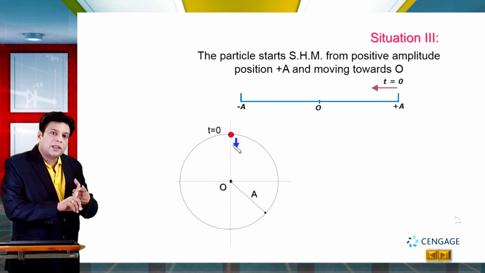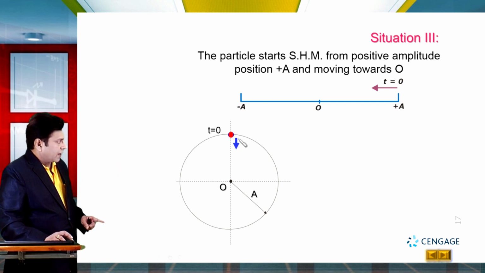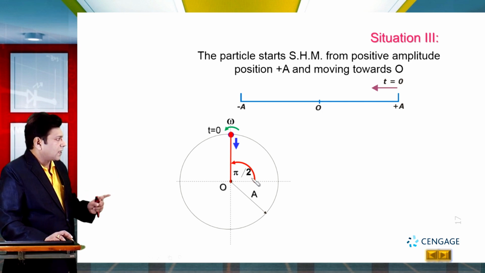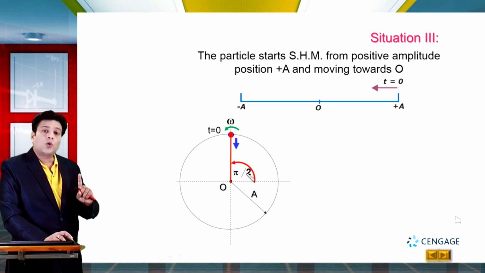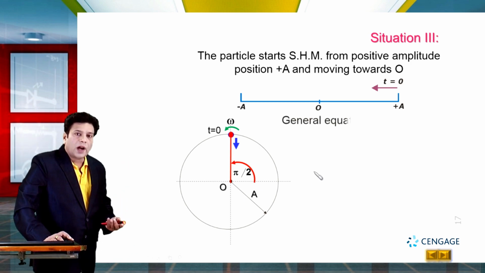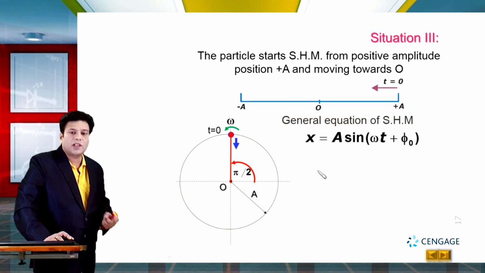Again, for finding the initial phase, we need to join this point with the center of the circle like this, and this angle measured in the counterclockwise sense is pi by 2. That is, the initial phase of the particle is equal to pi by 2. Now we need to write the equation of SHM, that is x equal to A sin(omega t plus phi naught).